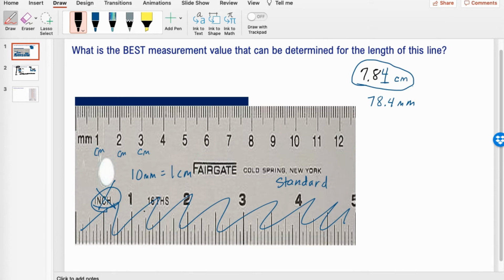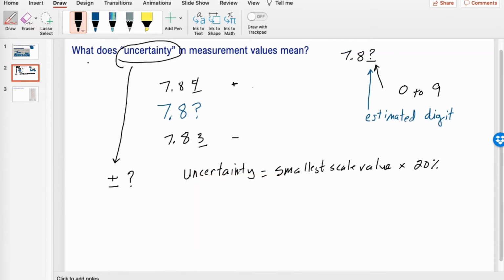Anytime we make something, there is the possibility of error, that one of those lines is a little more over to the right, which we would think of as greater, or a little bit more over to the left, which we think of as being negative, a negative value, being less of that value. And so there's always a plus or minus value to this estimated digit, which means we have some uncertainty about this value that we just assigned as 7.84.